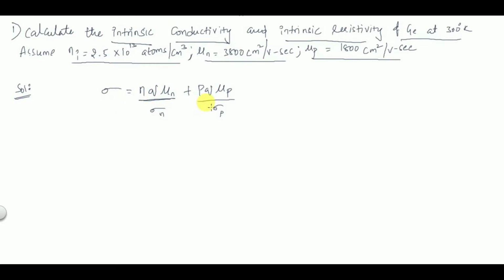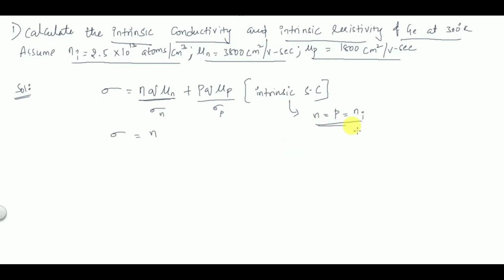Now in a general semiconductor we take this formula, and for an intrinsic semiconductor, n is equal to p is equal to Ni.